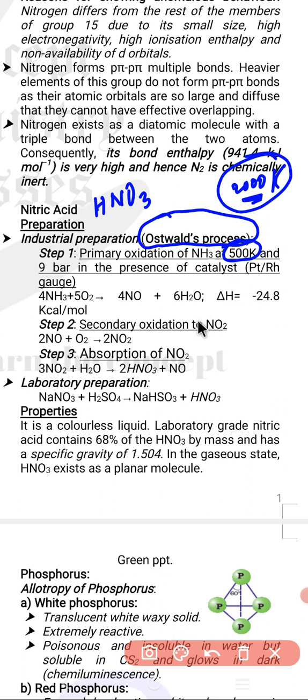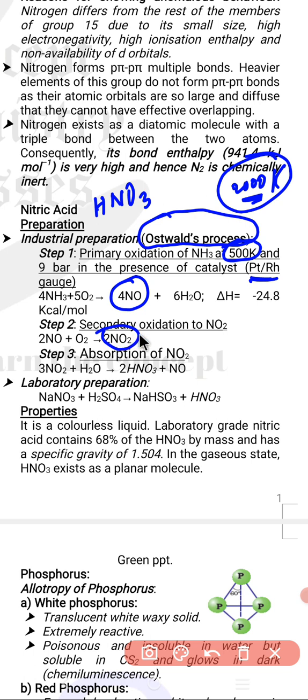Okay, so ammonia and oxygen are reacted at 500 Kelvin and 9 bar in the presence of this catalyst, platinum-rhodium gauze, and they form nitric oxide. In the second step, this nitric oxide is further oxidized to NO2.